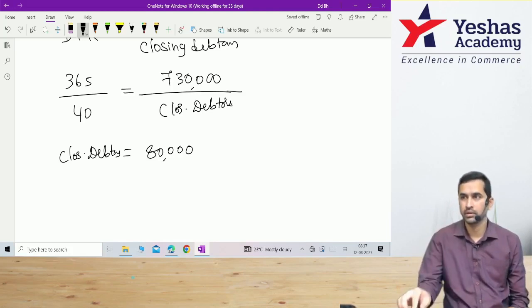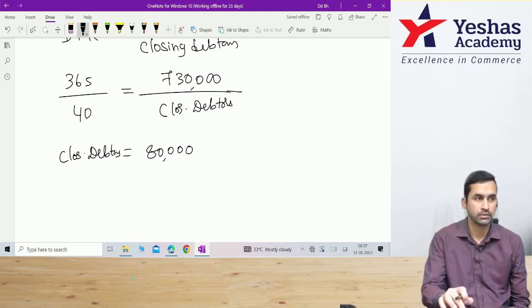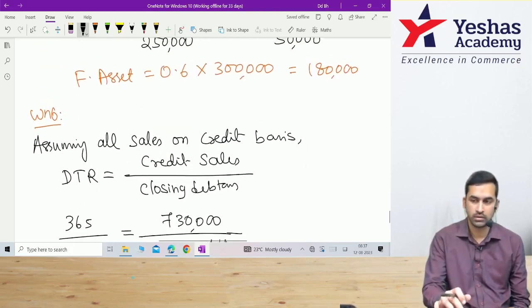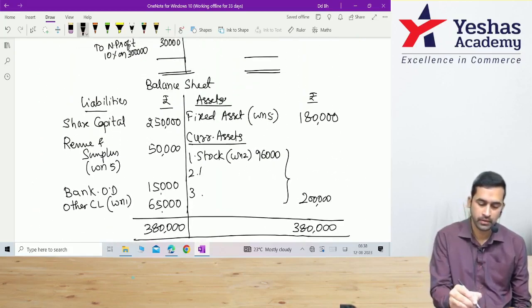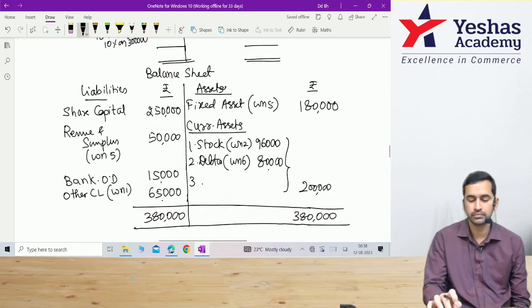Correct. This can go to balance sheet. Debtors, working note 6, 80,000.